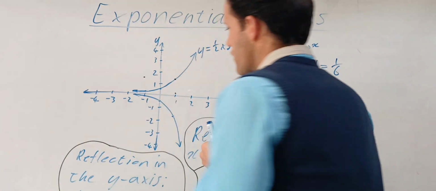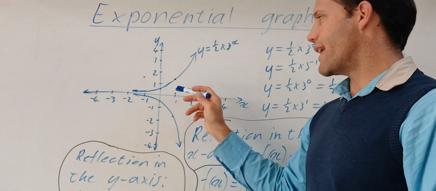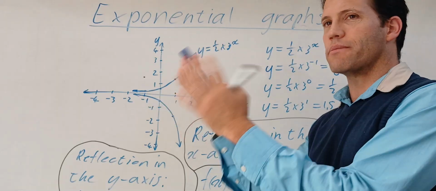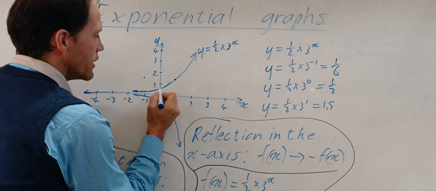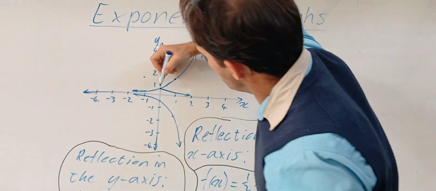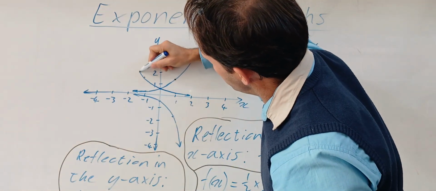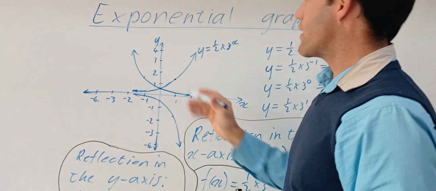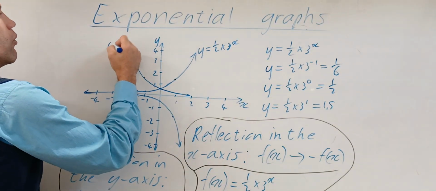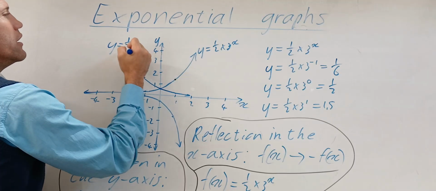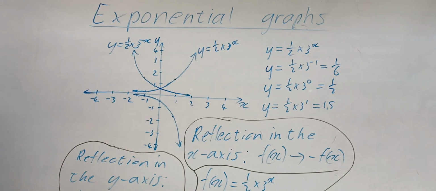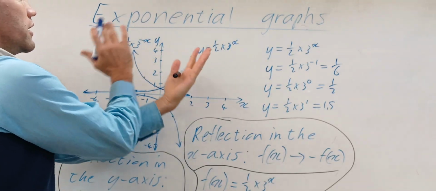The coordinate on this side goes that way, the coordinate on that side goes that way. So just swap it out: x becomes negative x. Then this part will basically go up like that. This graph would be y equal to 1/3 times 3 to the power negative x, reflected from there to there.